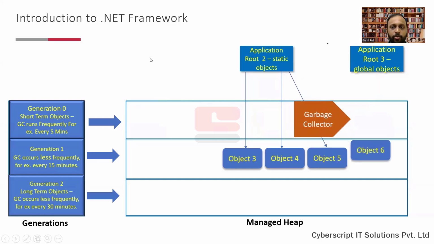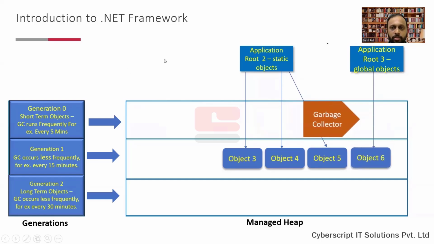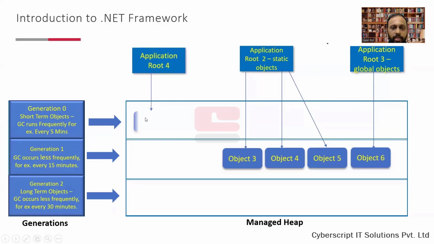Meanwhile, a new application root 4 comes into the application and creates object 7 and object 8 in generation 0 only, because the first objects are always created in generation 0. After that, the garbage collector will check generation 1 after some time and visit it multiple times.